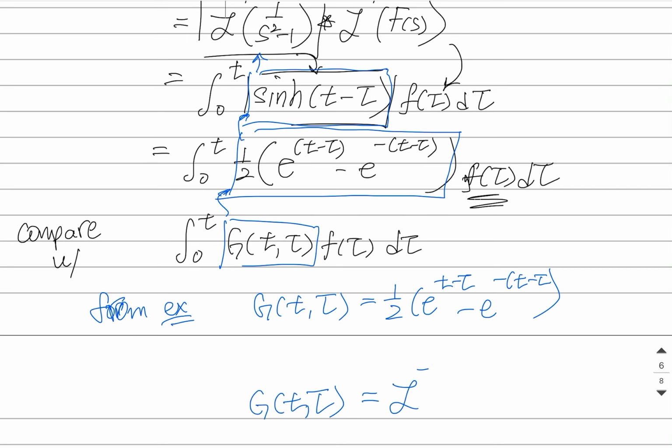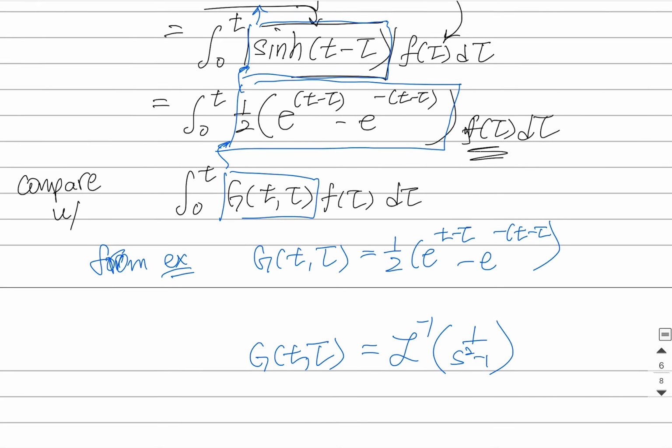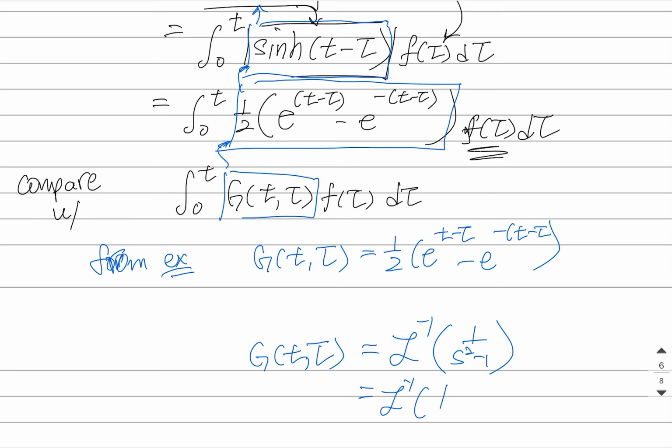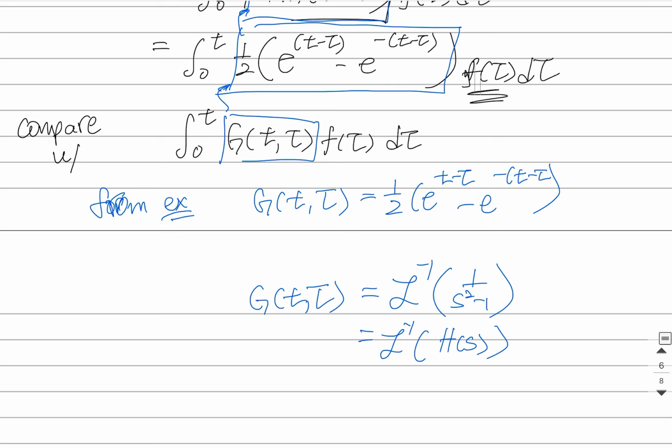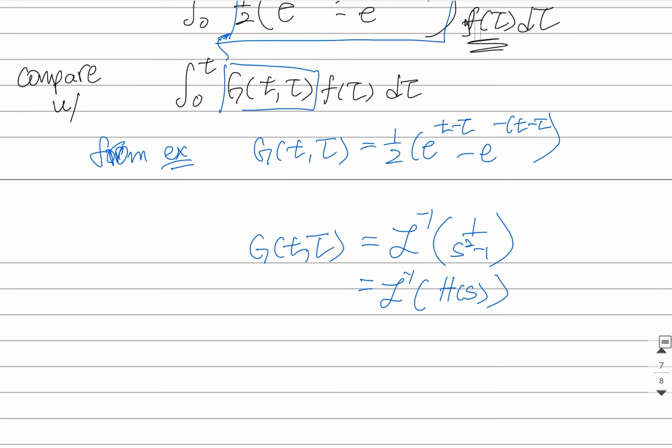It turned out to be the inverse Laplace transform of this thing, which was the inverse Laplace transform of the system transfer function. And this turns out to be a general situation. In general, we have a new way to find the Green's function.